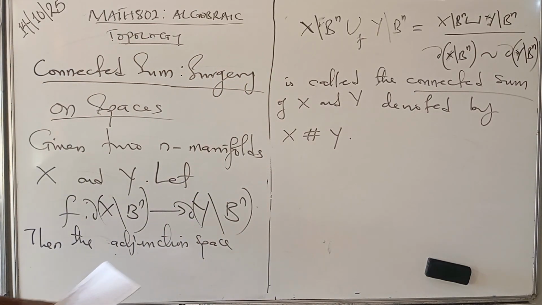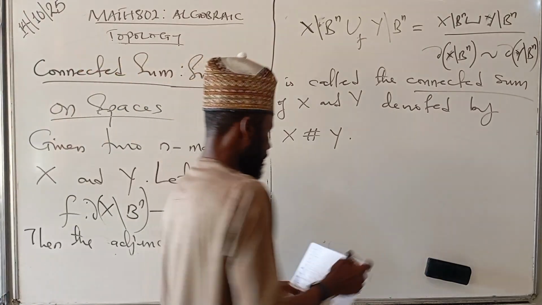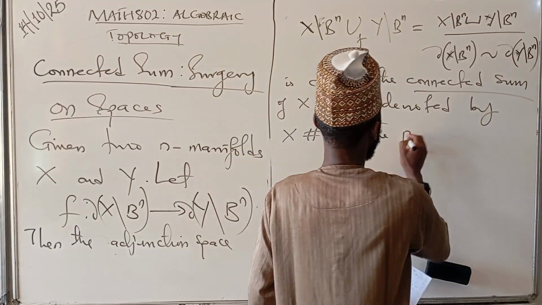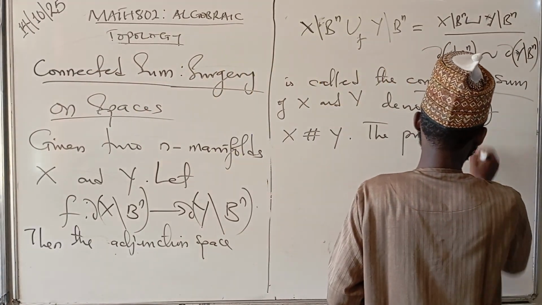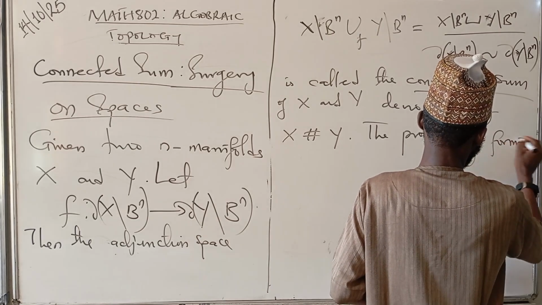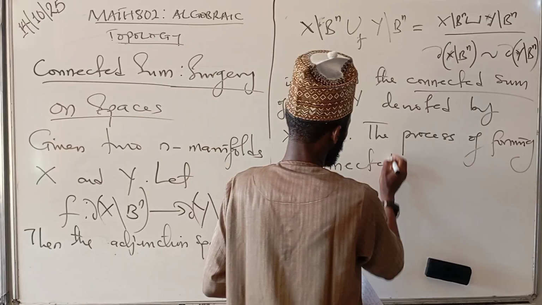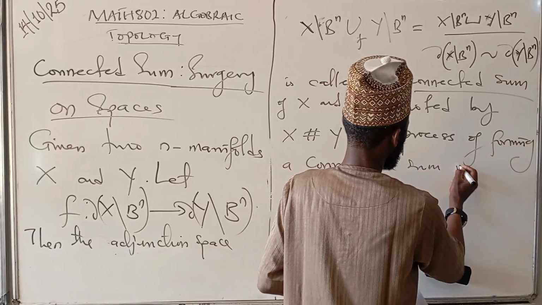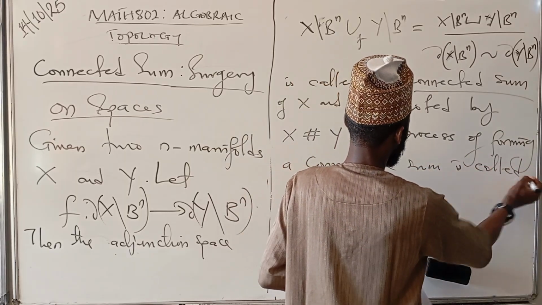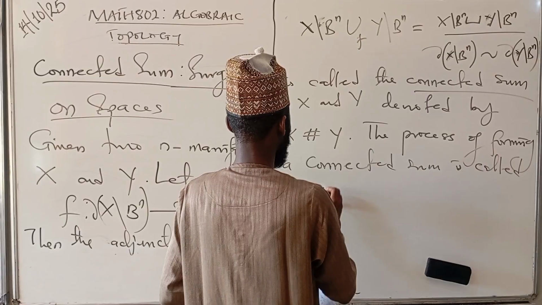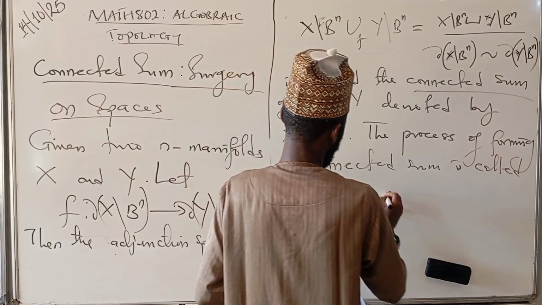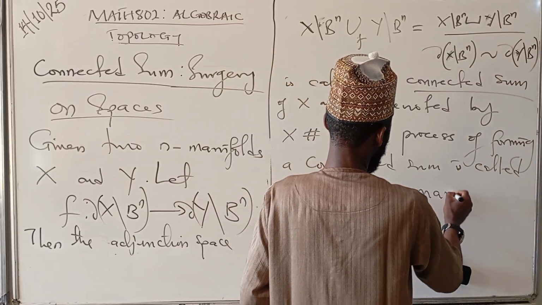The process of forming a connected sum is called performing surgery on manifolds.